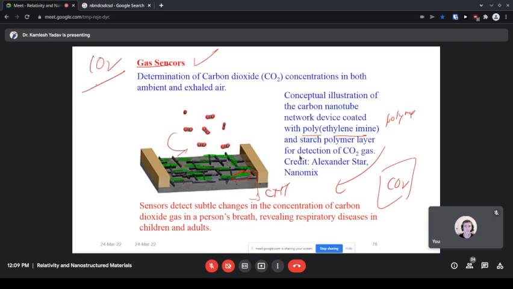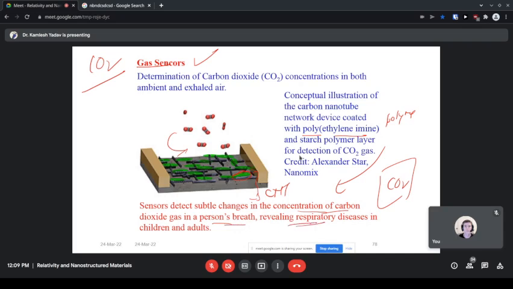We can easily detect what concentration of carbon dioxide is present anywhere. This can even be used to detect poisonous gases, or to detect the carbon dioxide level in a person's breath.